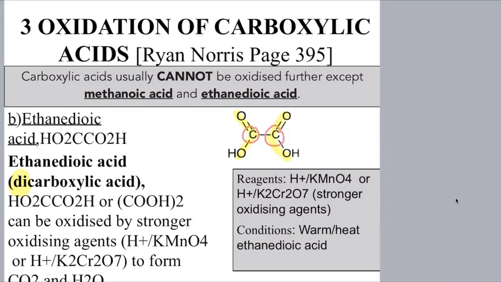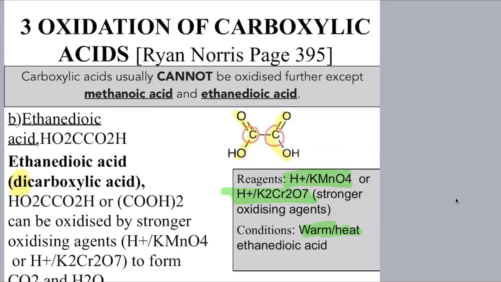It can be oxidized by a much stronger oxidizing agent. Okay, it doesn't work with Fehling's and Tollens. So this is something that you have to remember. For ethanedioic acid, it can only be oxidized by a much stronger oxidizing agent, which is, as you know, acidified potassium manganate or acidified potassium dichromate, and then you warm or heat it.